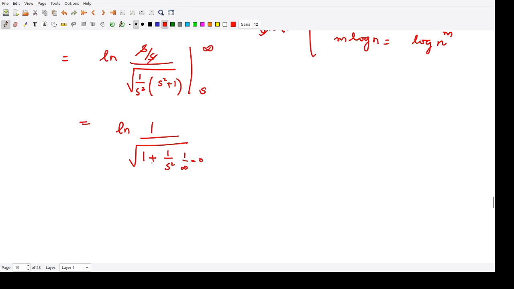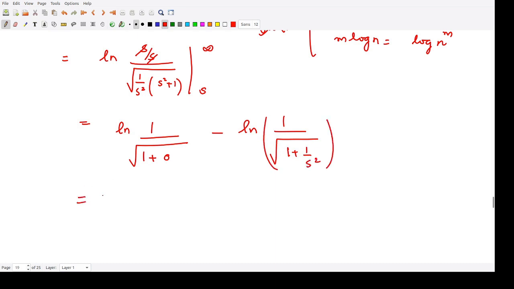So ultimately this term would be 0 when you substitute infinity, and minus of ln of this term, 1 divided by square root of 1 plus 1 by s square.